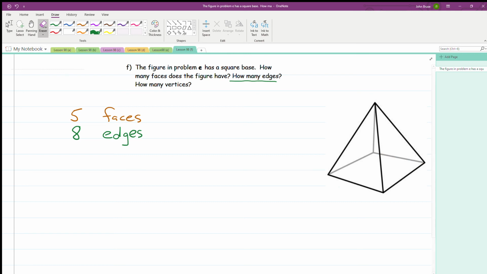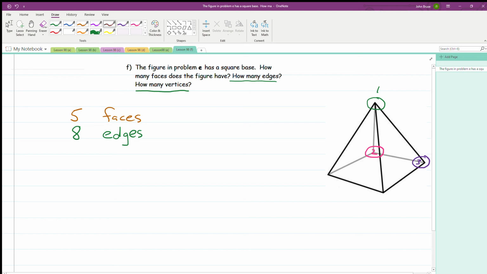All right, we have one more question. It's how many vertices. Now the vertices are where the edges meet, the corners. So we're talking about how many corners. We have a corner here, that's 1. We have a corner back behind here, that's 2. We have another corner right here, that's 3.